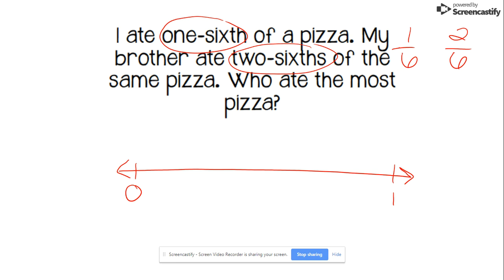Again, since both of my fractions are in 6, I'm going to break my number line into 6. Remember, 6 is even, so you can break it in half first, and then each of your sections you can split into thirds. And we can go through and label all of our fractions now.